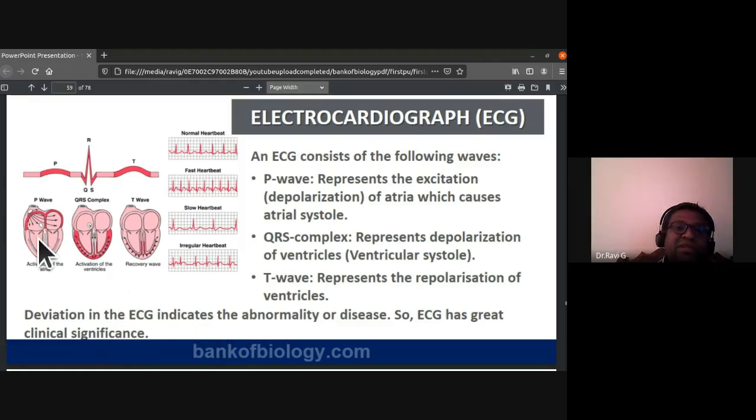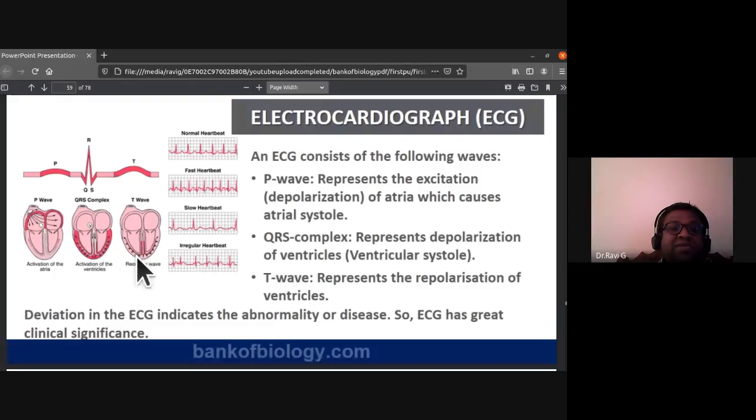Okay. So there is a P wave which represents depolarization of the atria, or excitation of atria, that is for the atrial systole. QRS complex represents the depolarization of the ventricles, that is ventricular systole, and T wave represents repolarization of the ventricles.